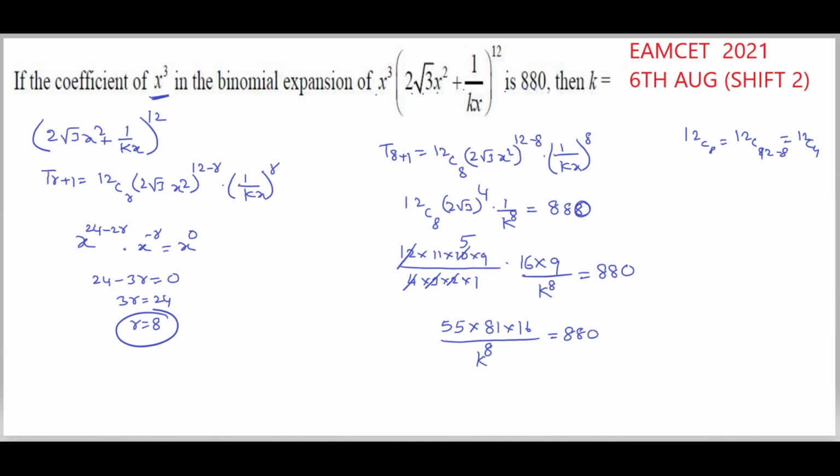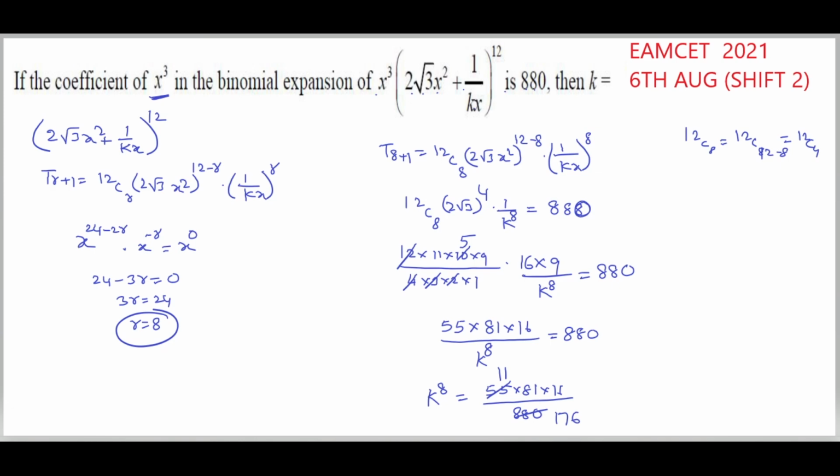From this, k^8 is equal to 55 into 81 into 16 by 880. So here 11 5s are 55, 138, that is 7 into 5, 35, 36, 176.